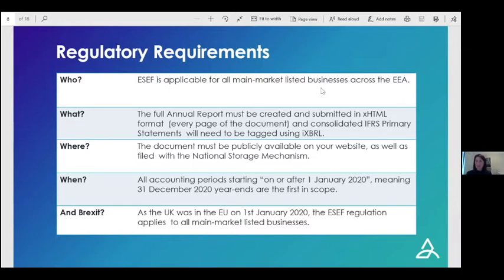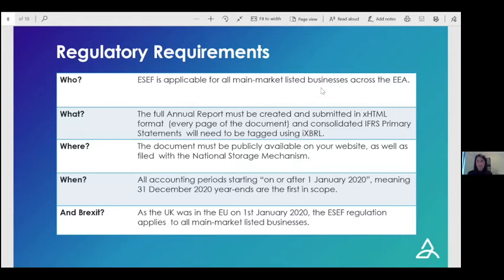If there's anybody in this call who still reports under UK GAAP, UK GAAP businesses do not need to have tagging applied. They will still be required to convert their statements into XHTML, but they don't need to be tagged. That doesn't affect many people, it's generally just investment trusts, but it's worth just noting.